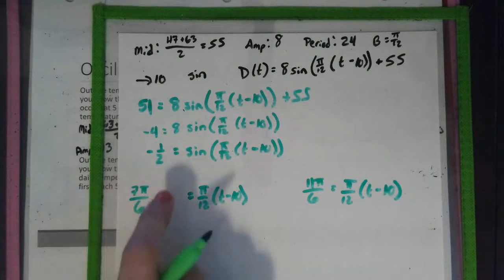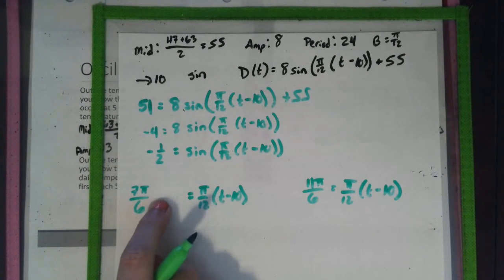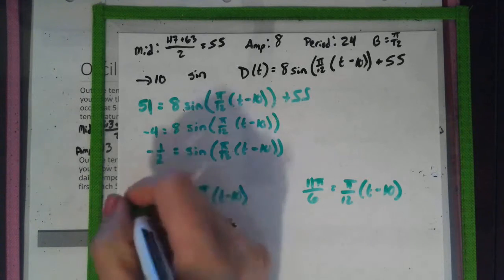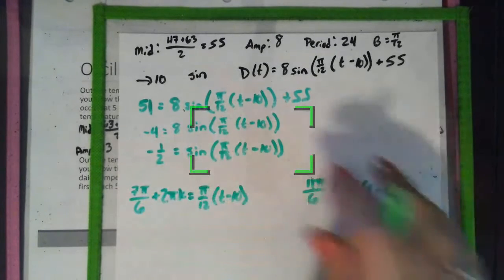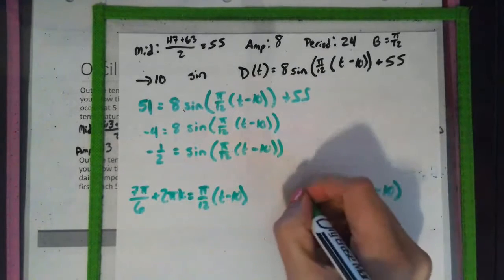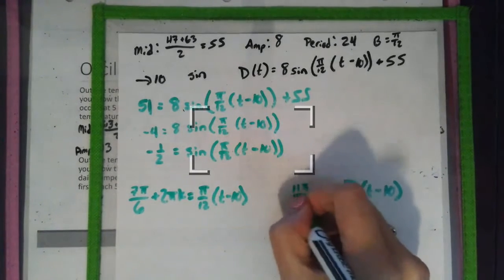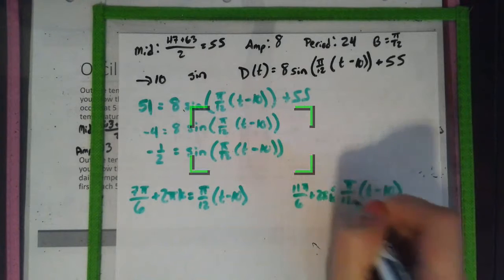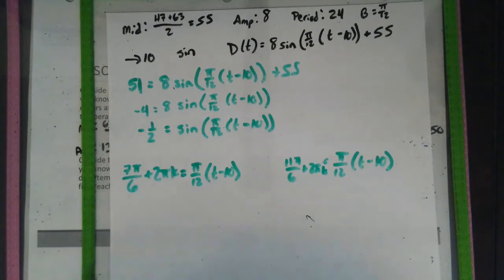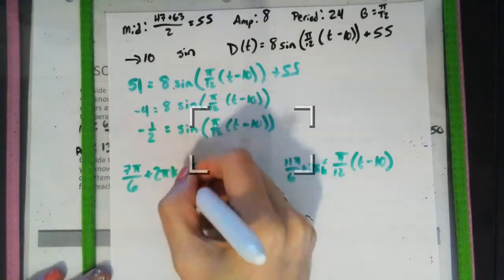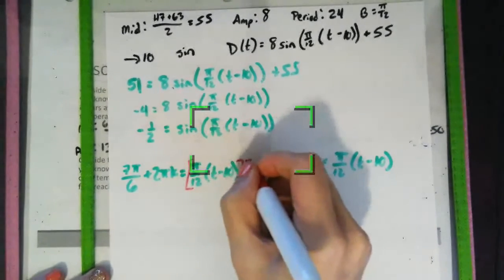Like we did in the past, we need to add 2 pi k. You'll see why in the end, because it's actually really important this time. Oops, I did not leave space on this one. 11 pi over 6 plus 2 pi k. I need to solve for t still, so I'm going to multiply both sides by 12 and divide by pi. What that amounts to is multiplying both sides by 12 over pi.